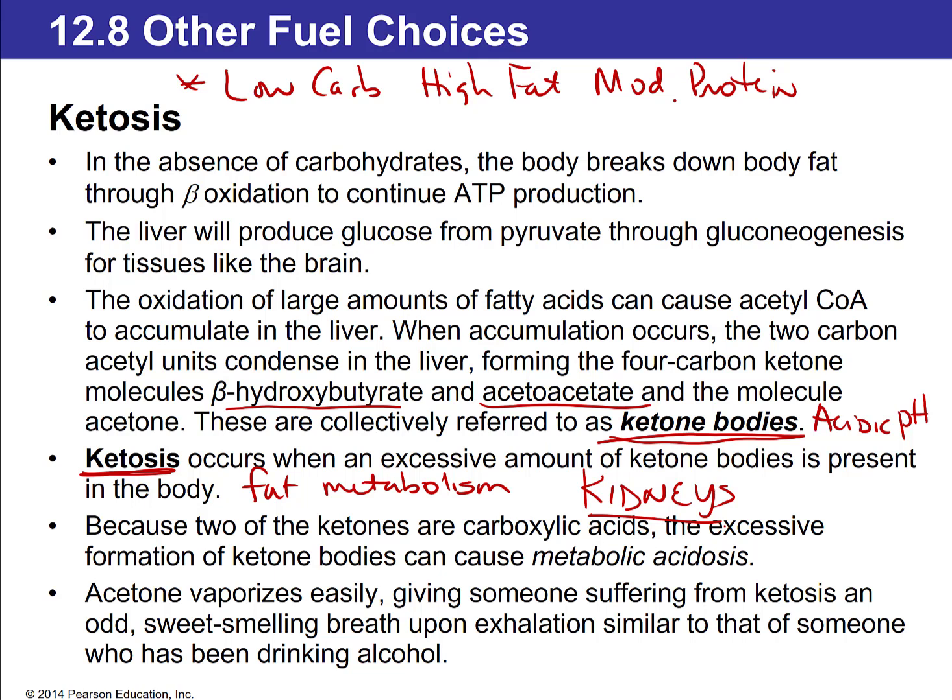And they found that it actually limited seizures in epileptics that were not responding to medication. I've never really read why they think that happens, but that's how this diet originated.